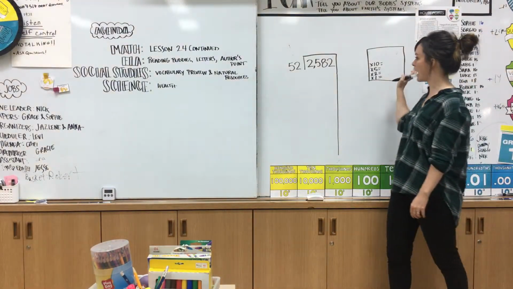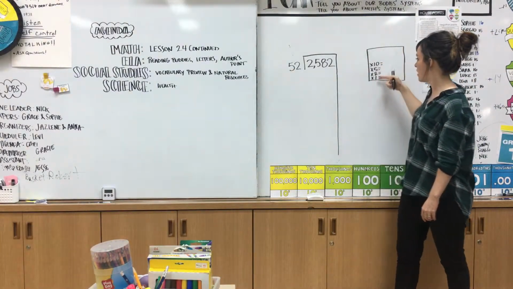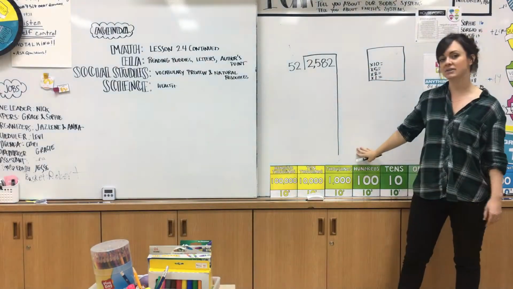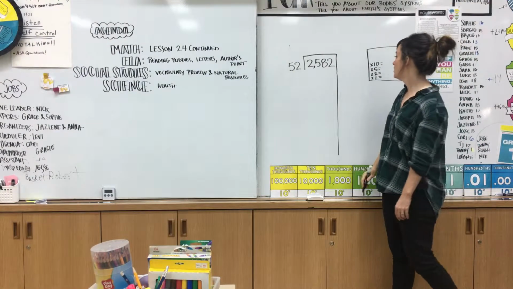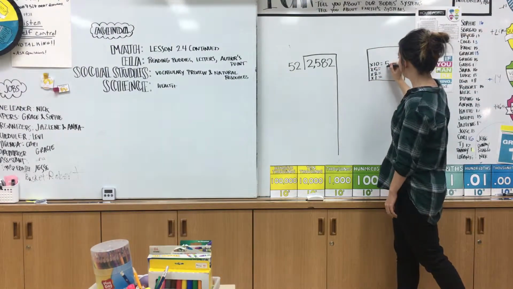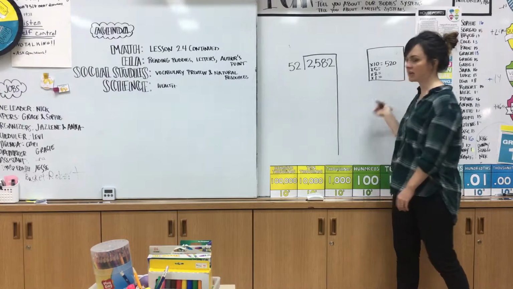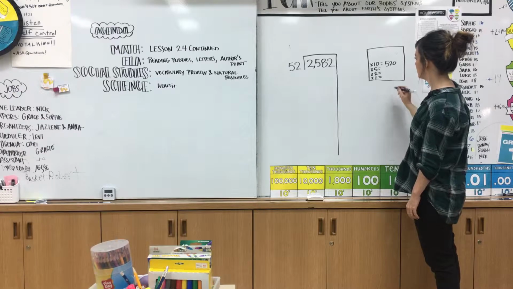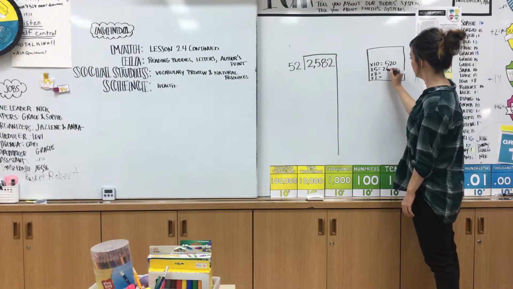So then we can just grab from here, put the numbers we're multiplying by on the outside, and then add them up at the end. So I know that 10 times 52 is 520, and they should know by now that you just add a 0. And then 5 times 52 is 260.